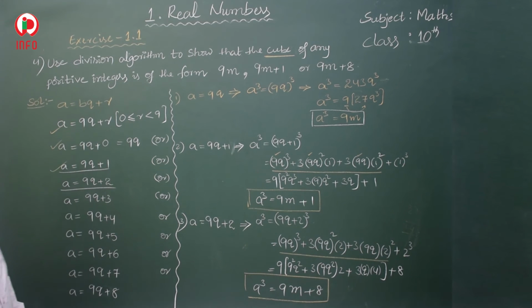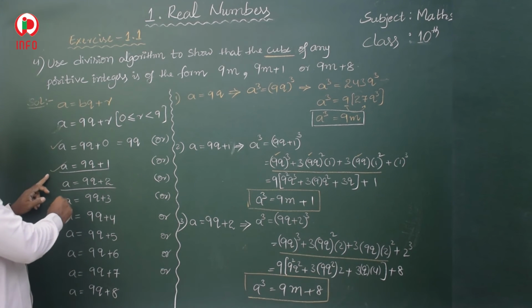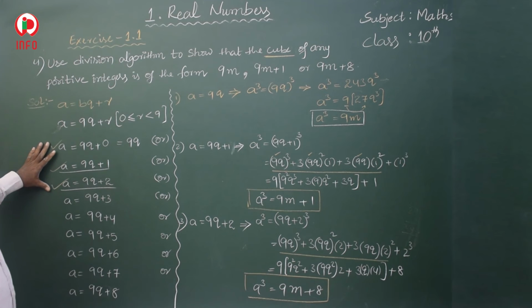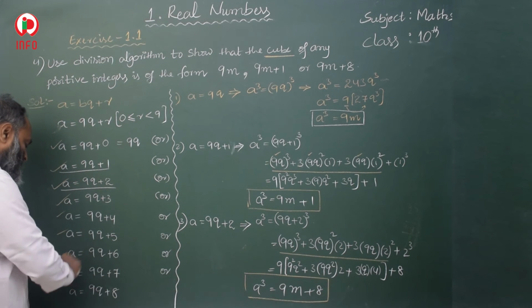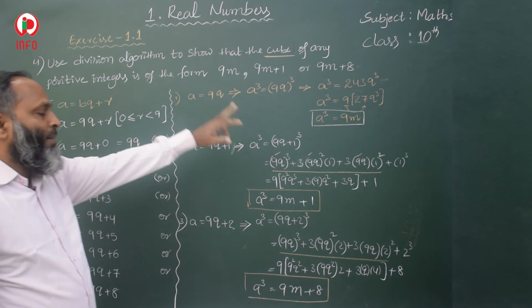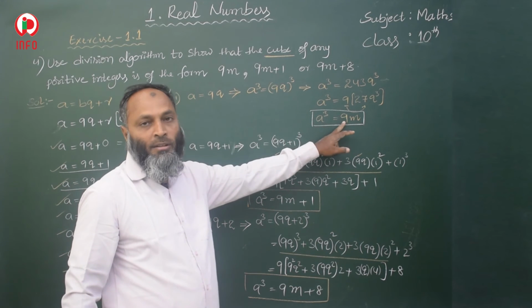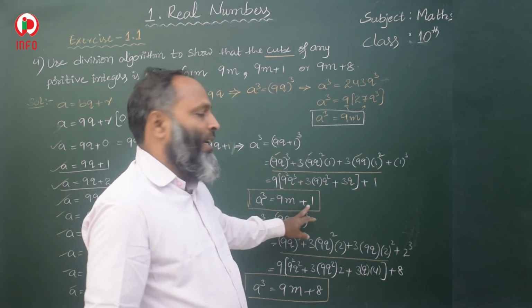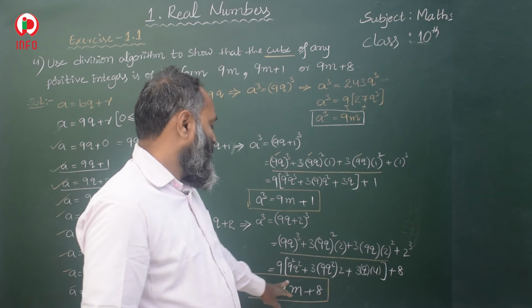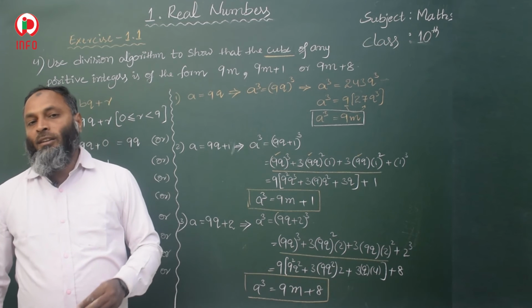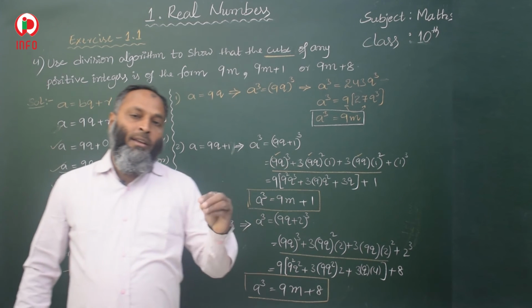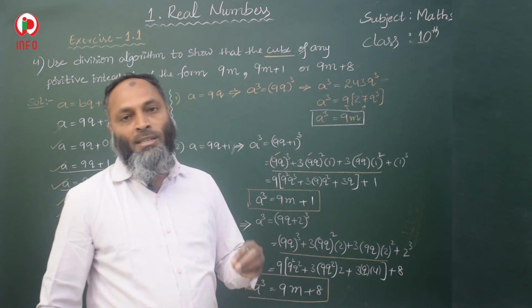So from 9q plus 1, 9q plus 2, these 3 we did. Again we do all these 6 also, and we will get the same statements. That is a cube is equal to 9m, a cube is equal to 9m plus 1, and a cube is equal to 9m plus 8. It means cubes are always in the form of 9m, 9m plus 1 or 9m plus 8.